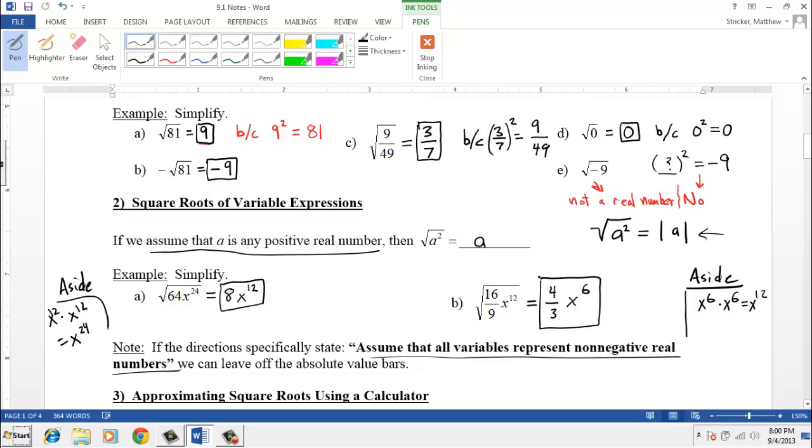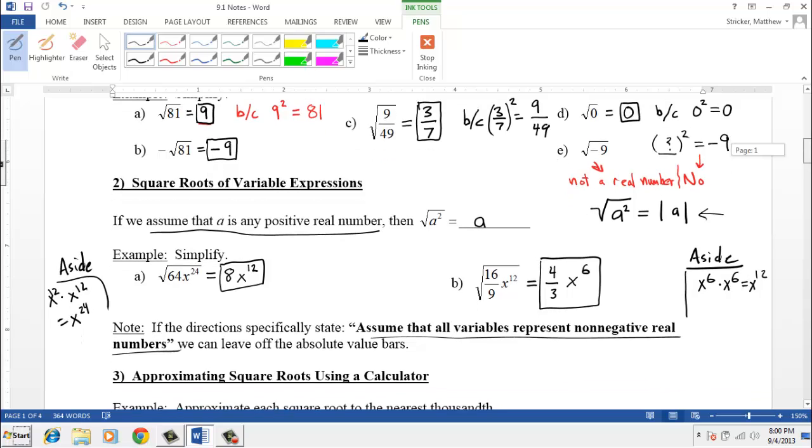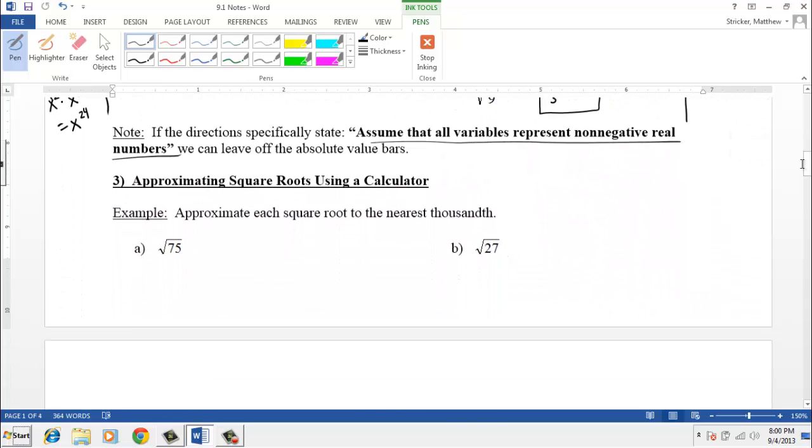Now, one thing that you should have noticed when we're going through this example, and you may have learned this before, is when you're taking square roots, the power basically gets divided by 2. 24 divided by 2 is 12, and then when we have this exponent, x to the 12th, if we divide 12 by 2, we get 6. So that's kind of a little shortcut sometimes people like to think about.